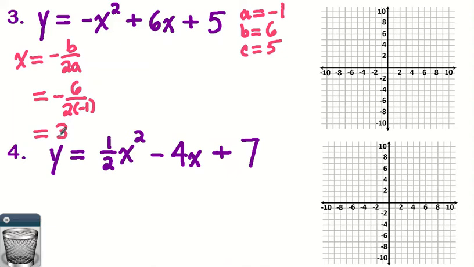So my axis of symmetry is actually x equals 3. So I can already sort of sketch that. My vertex is going to be somewhere on there. In other words, my vertex is going to be 3 comma something.